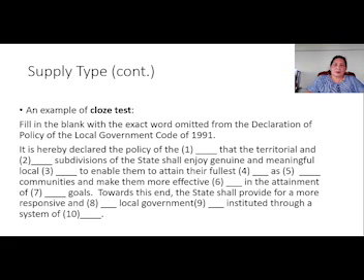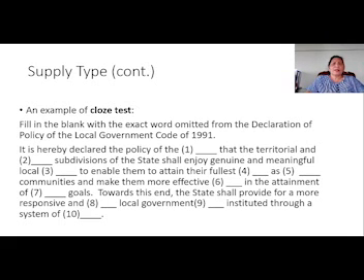Important concepts. Like, for example, it is hereby declared the policy of the blank. Even if you're not familiar probably with the policy statement, I think you would be able to answer this by simply looking at the context. It is hereby declared the policy of, who declares a policy? It's the state. Okay?